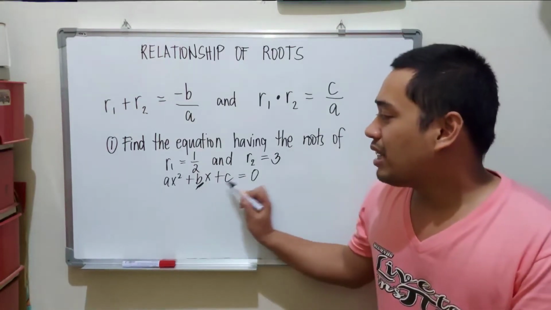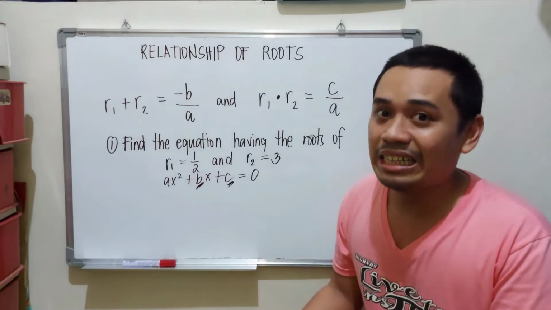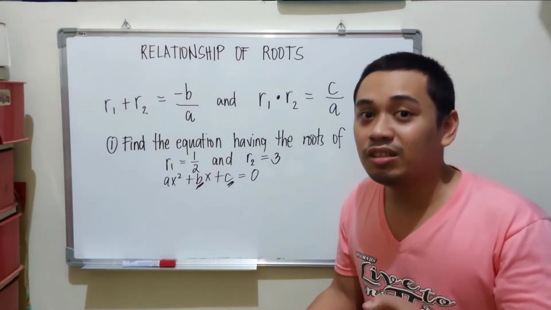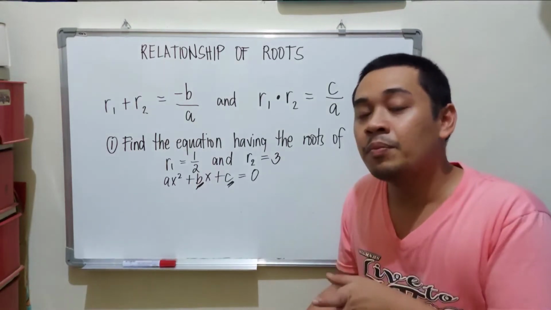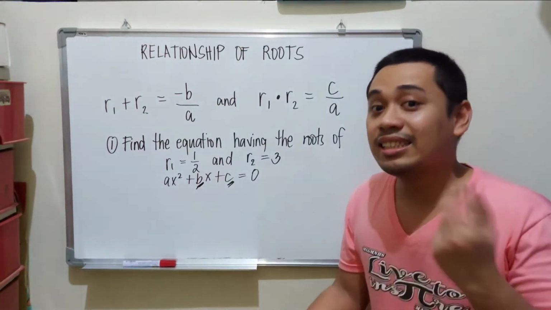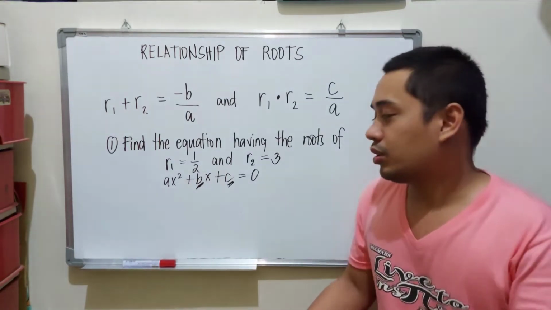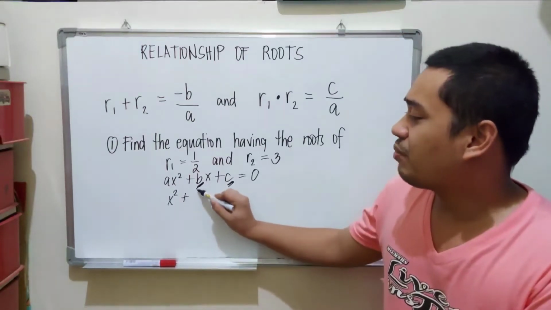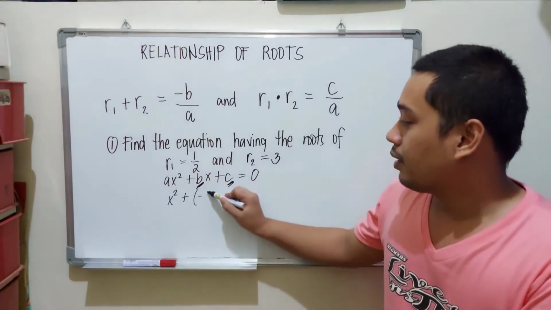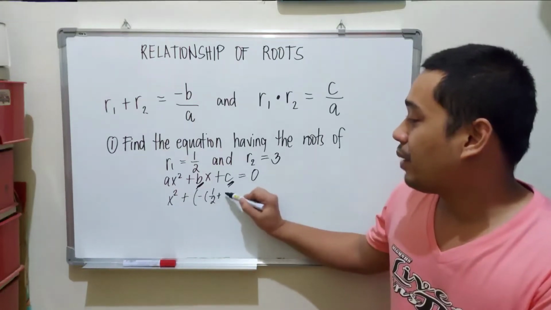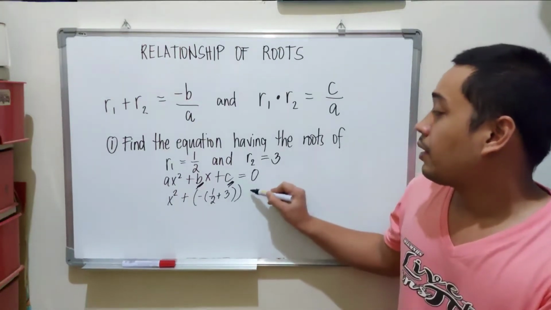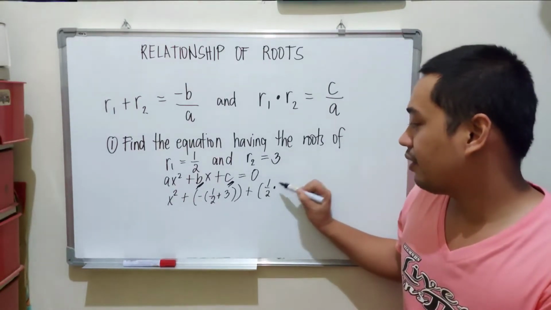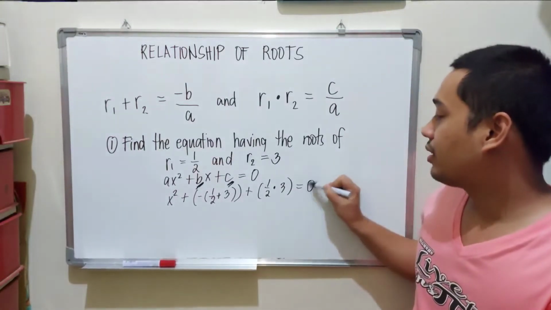Then, the b and the c are what we need to remember to get the equation. So, b, or the middle term, is the negative sum of our roots and c is the product of the roots. So, we have x squared plus, what is the negative sum of 1/2 plus 3, plus, what is the product of 1/2 times 3 equals 0.